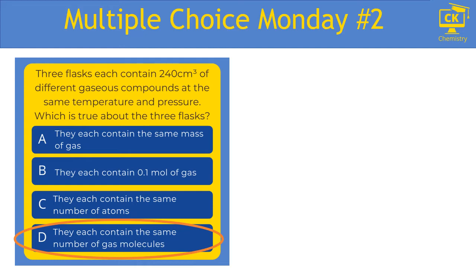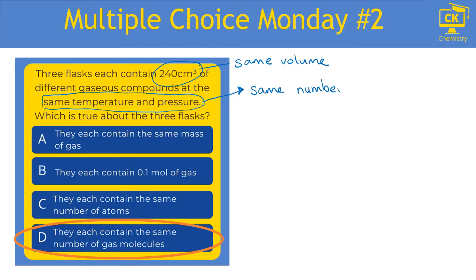So we've been told there are three flasks. We've been told that they have the same volume, and other important information from the question is that they are at the same temperature and pressure. When I take all these three pieces of information together, that tells me that we have the same number of moles of gas.